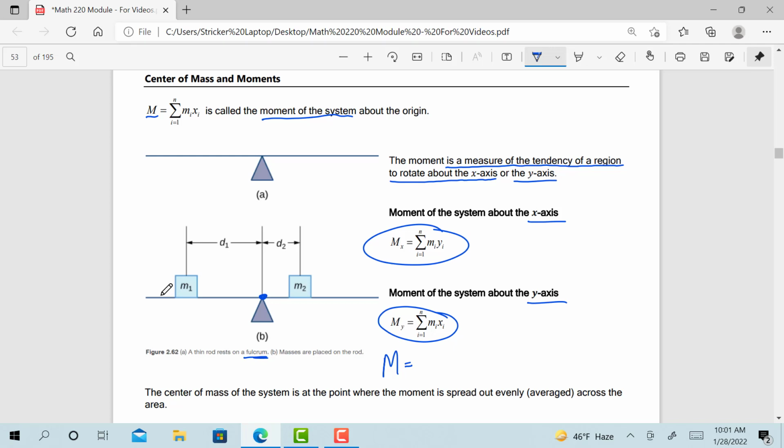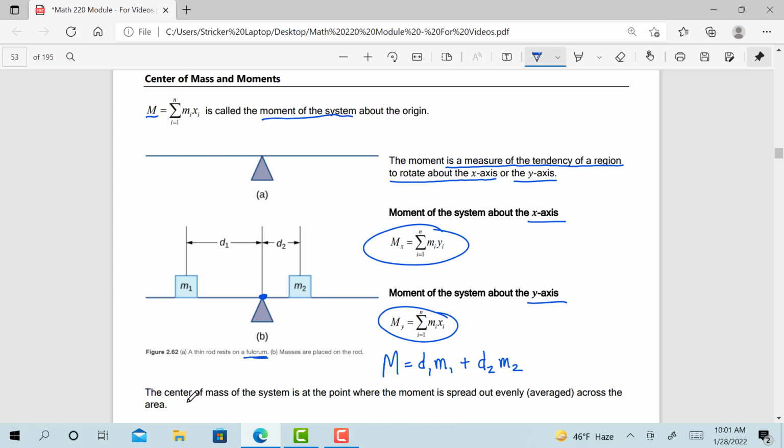In this case, we would have d1, the distance that mass 1 is away from the fulcrum, times its mass, plus distance 2 times its mass. That's going to give us our moment, and we need moments to figure out the center of mass.